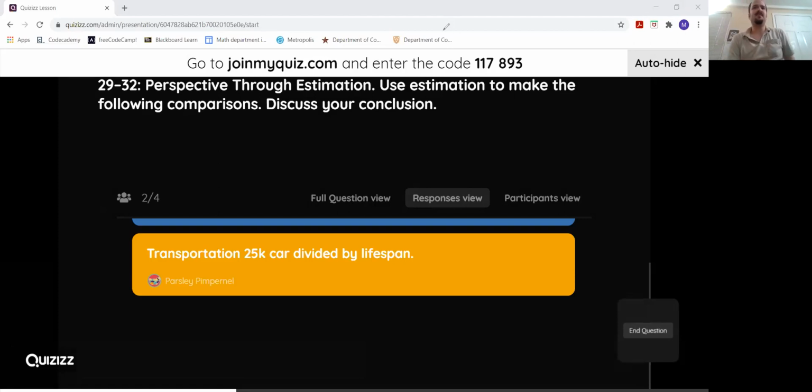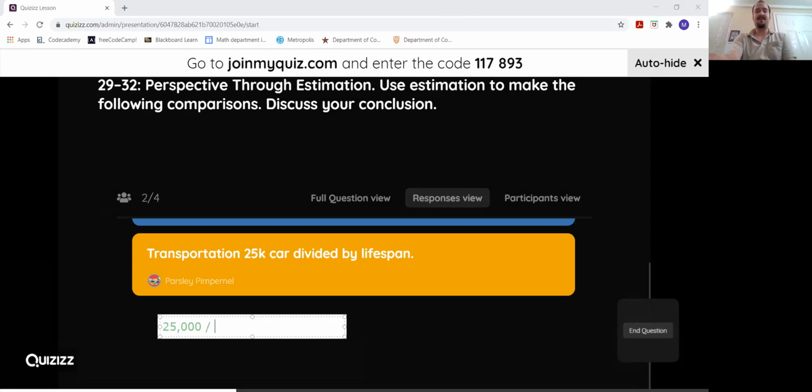What I'm doing in my head is thinking my car is about 25K, not 250, sorry. And I'm dividing that by 12 times the number of years. If my car lasts 10 years, that's 120 months I have to divide by. If I did this, I think I got somewhere around 208.